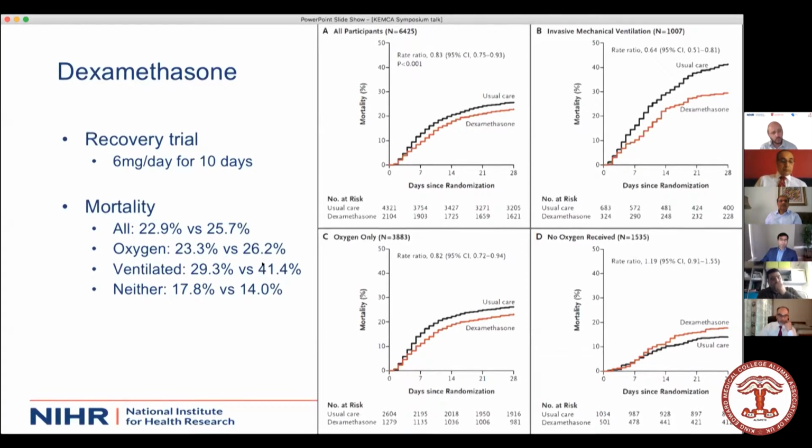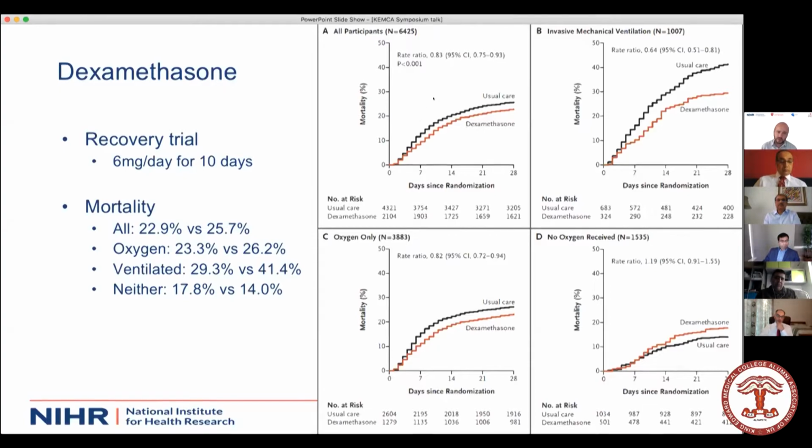But those with the worst systemic inflammatory response, those that are ventilated, there was a much, much bigger response. So in those that received steroids, just under a third, 29%, died, compared with 40% that had been ventilated otherwise. So what we're seeing here is a dose response and a real response against the inflammatory response. Those that are ventilated respond the best, those that receive oxygen do respond.